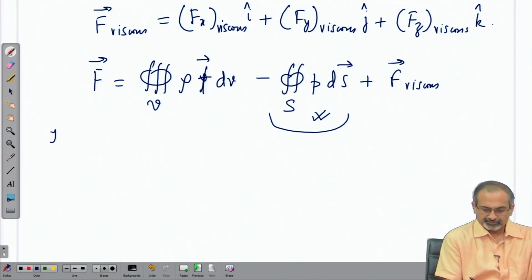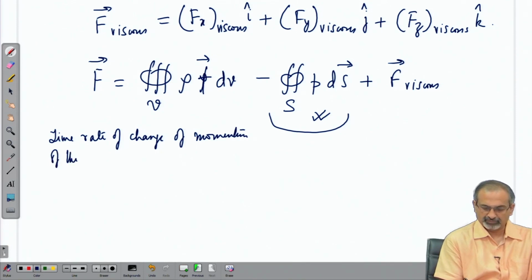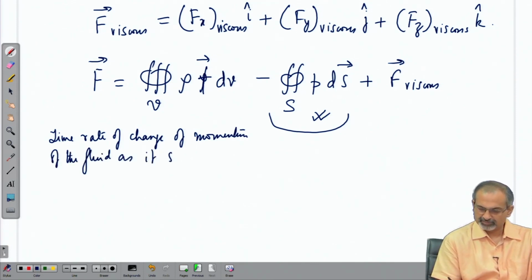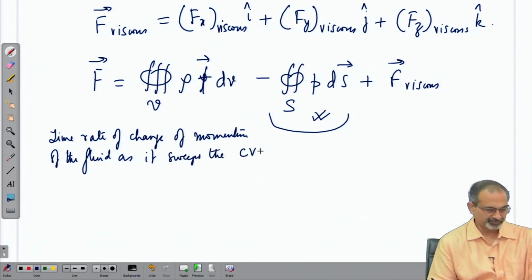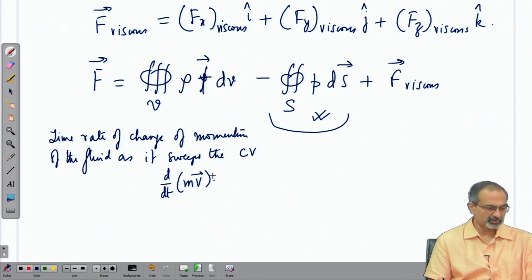Now, the time rate of change of momentum of the fluid as it sweeps the control volume is this term in Newton's law.